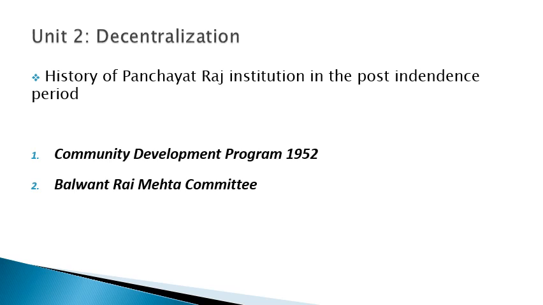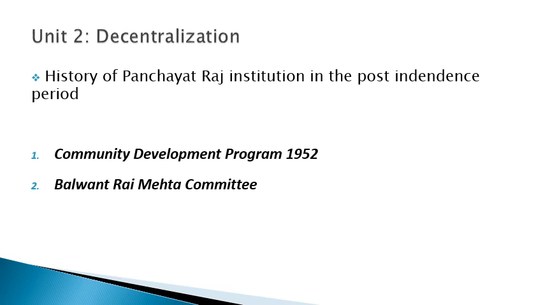The recommendations of this committee were accepted by the National Development Council in January 1958. The council did not insist on a single rigid pattern and left it to the states to evolve their own pattern suitable to local conditions. Rajasthan was the first state to establish Panchayati Raj.